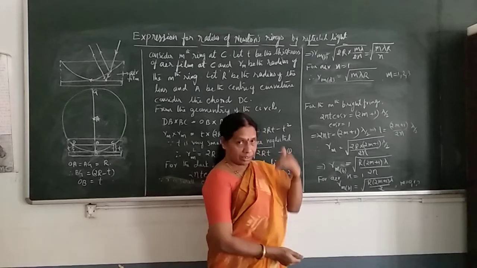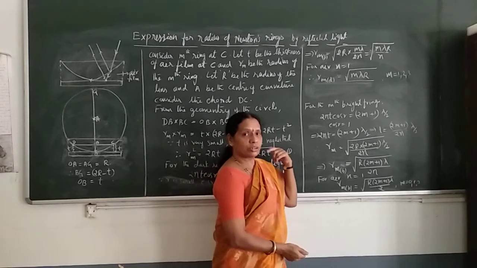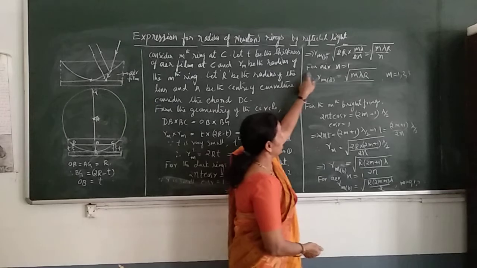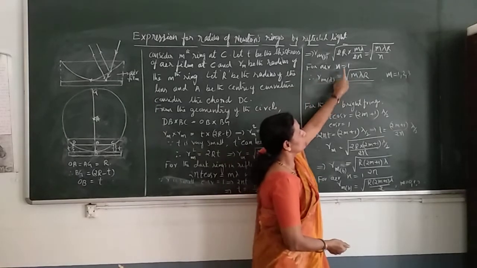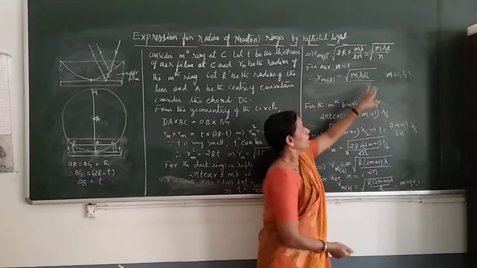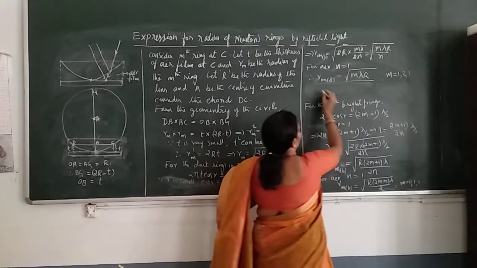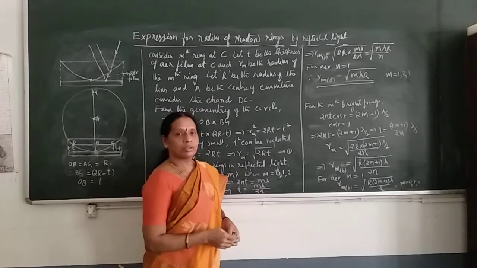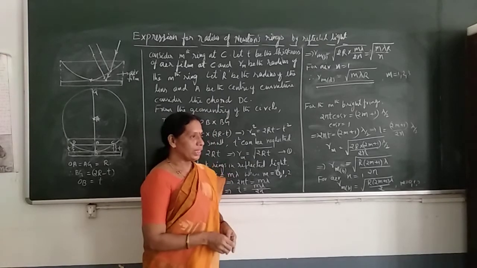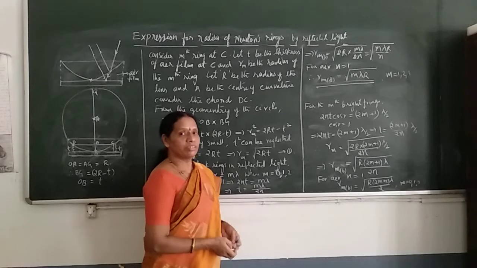But here in this case, the introduced medium is air, and for air n is 1, so the radius of the mth dark ring becomes square root of m lambda r.